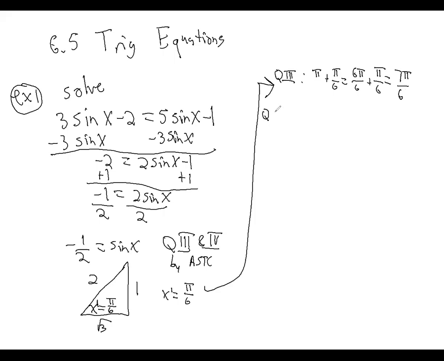And then for the quadrant 4 answer, we have to do 2 pi minus the reference angle, so 2 pi minus pi over 6, which getting an LCD, 2 pi is 12 pi over 6, with the original denominator 1 goes into 6 six times, 6 times 2 is 12, and then that's minus our pi over 6, which has an implied 1, and 12 minus 1 is 11, that's 11 pi over 6.